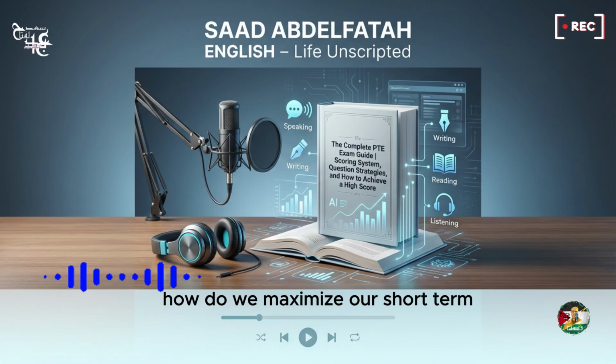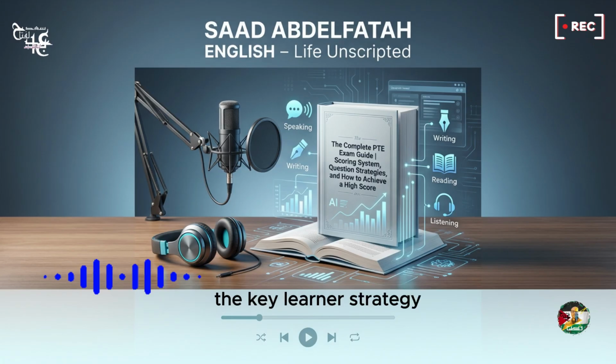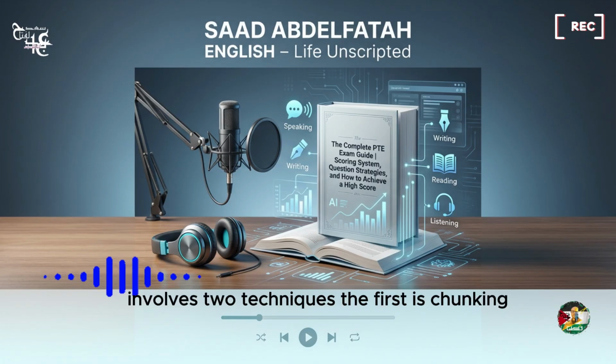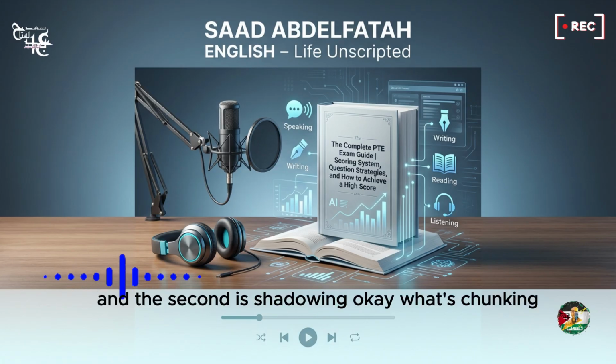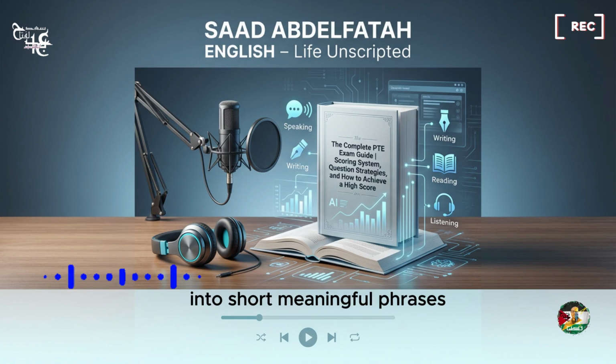How do we maximize our short-term memory during that listening phase? It goes by so fast. The key learner strategy involves 2 techniques. The first is chunking, and the second is shadowing. Okay, what's chunking? Chunking means you mentally divide the sentence into short, meaningful phrases as you're listening to it.